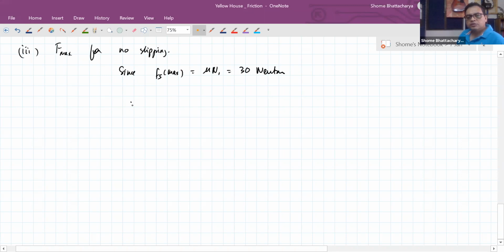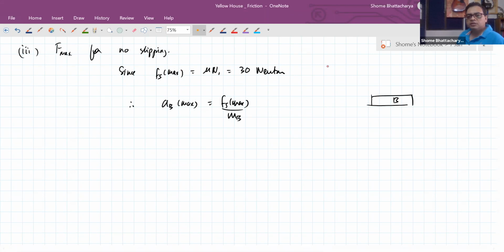Okay. Therefore, you can also see that acceleration of B's maximum possible value is maximum friction divided by mass of B. Okay, because it's very simple that on the block B, there's only one horizontal force which is acting.